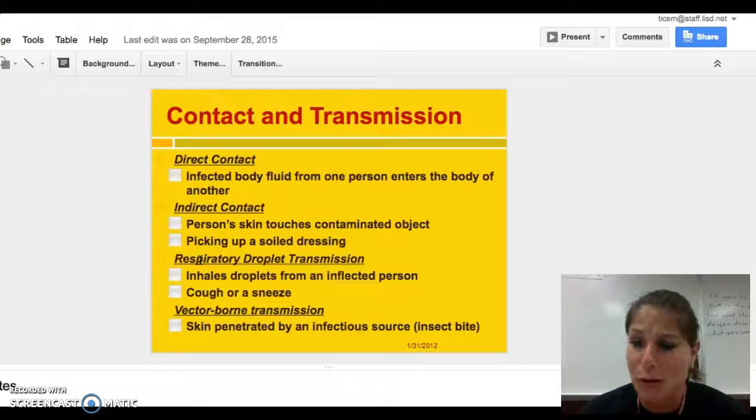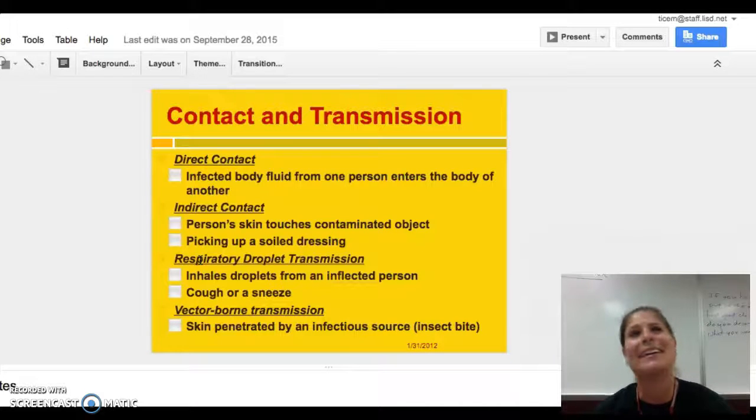The third one is kind of gross. Respiratory droplet, okay? If I sneeze and you happen to be standing nearby and your mouth is open or your eyes, and that sneeze gets into you, okay? It kind of happens more often than you think.